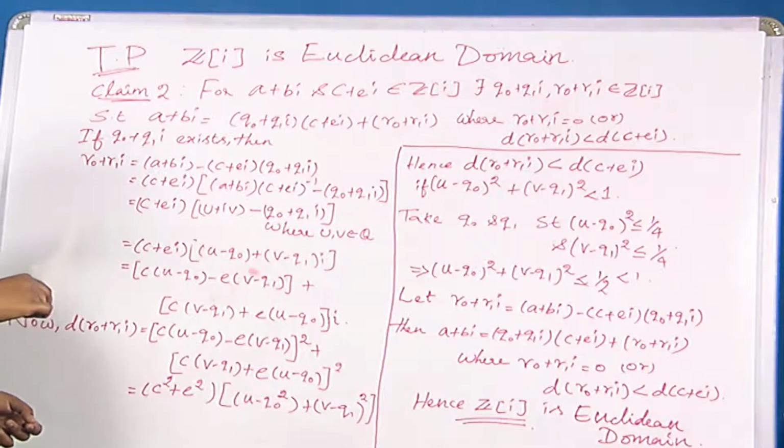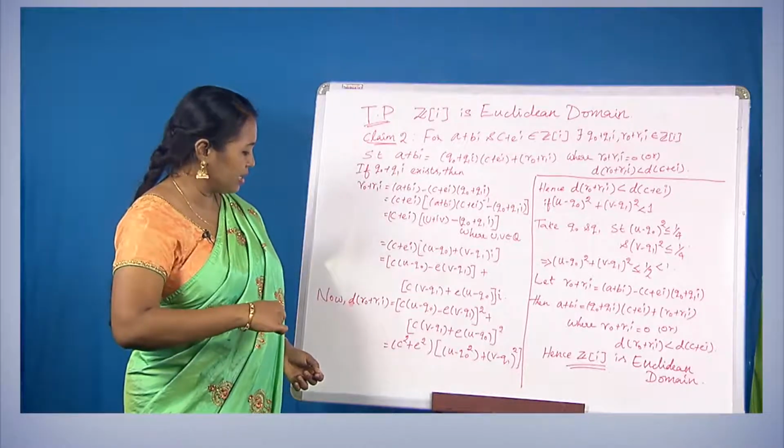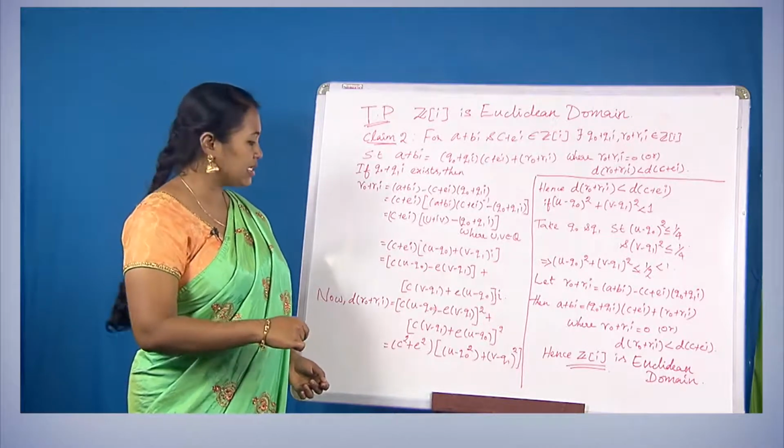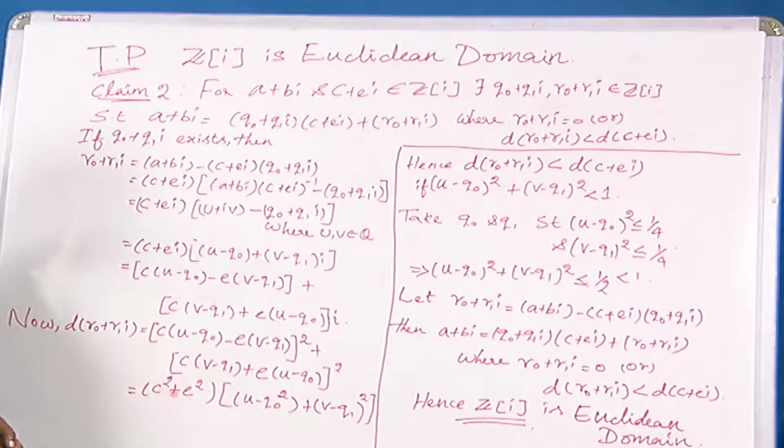So the real terms together are squared first and then all the imaginary terms, which are squared and written. So we have applied the d function here, and once again I am going to expand these terms. So it becomes c squared plus e squared times u minus q naught the whole squared plus v minus q1 the whole squared.